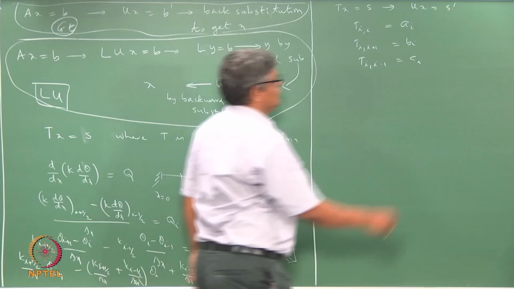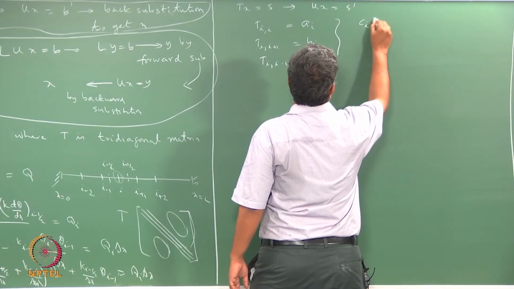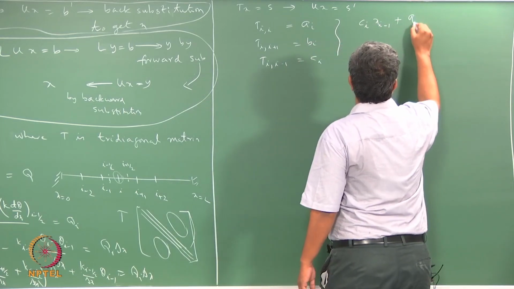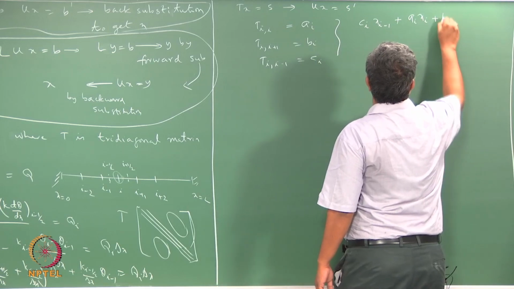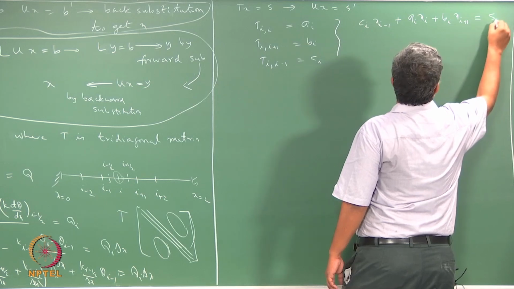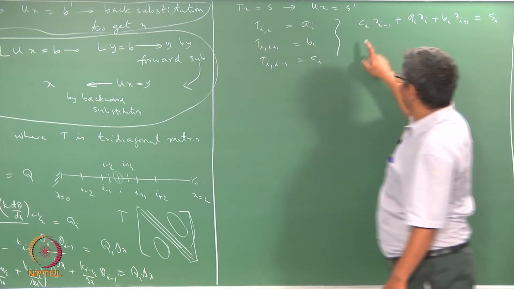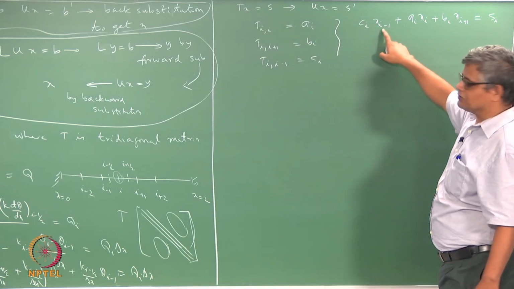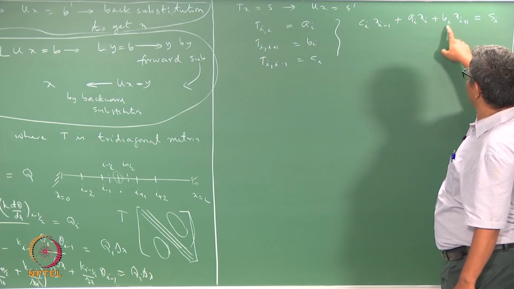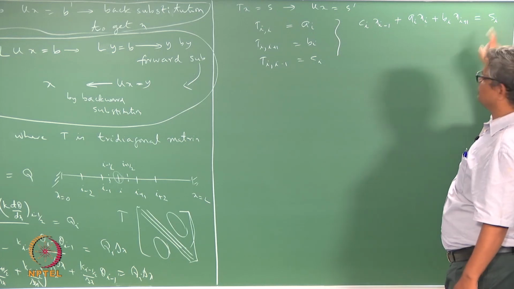The ith equation can be written as C_i x_{i-1} plus A_i x_i plus B_i x_{i+1} equal to S_i. So, the ith equation in this system is written with a coefficient C_i corresponding to the i-1 term, a coefficient A_i corresponding to the ith term, and a coefficient B_i corresponding to the i+1th variable, equal to S_i.